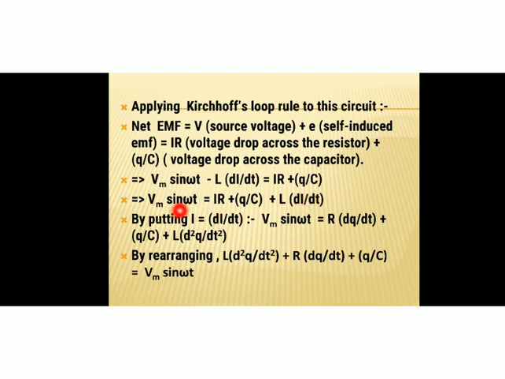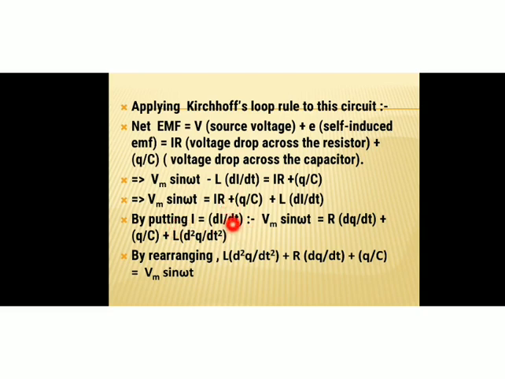Now bring minus L into di by dt to the RHS. So you will get Vm sin omega t equal to IR plus Q by C plus L into di by dt. Now, by putting I equal to dq by dt, sorry, this is not di by dt, this is dq by dt.